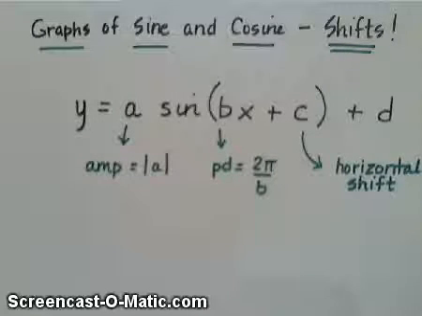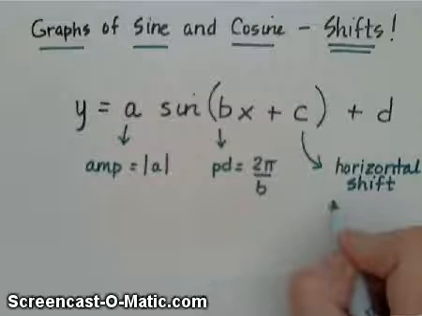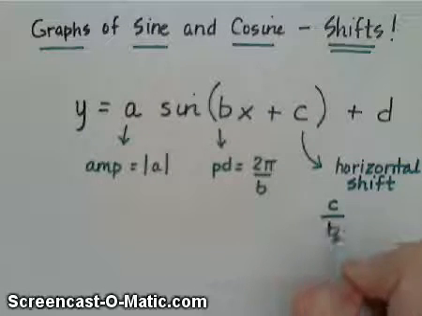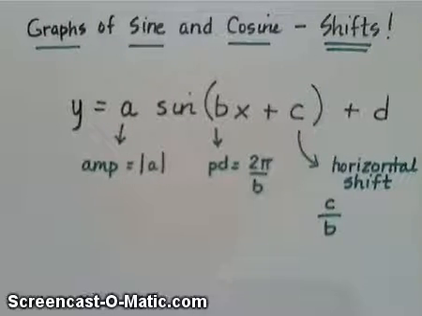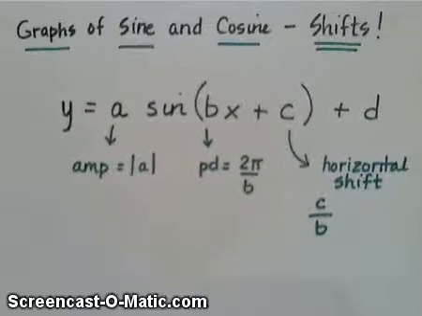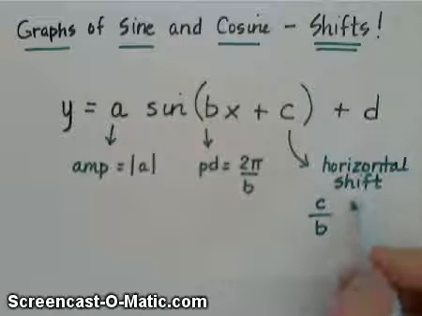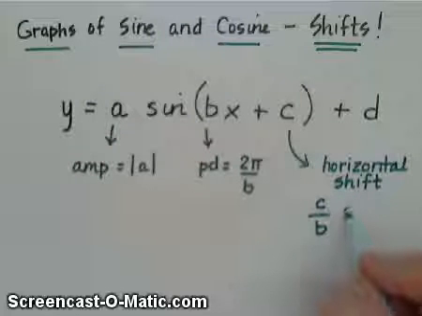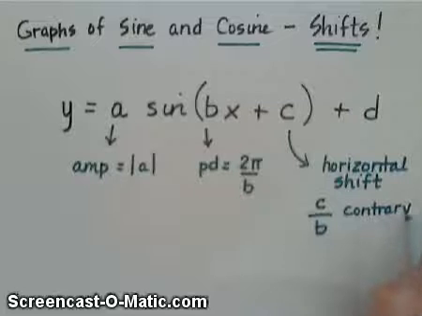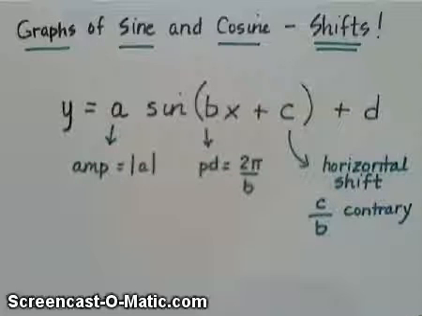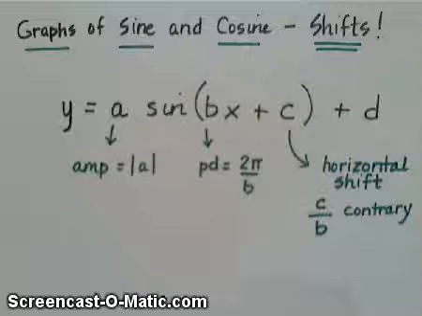And the horizontal shift will be defined as C over B. Now that's the same B that we used to find the period. So B is going to play two parts in this drama. And C over B is the horizontal shift, and it is contrary in direction, just like it is in the other functions we've studied. So if it says plus, you're going left. If it says minus, you're going right.